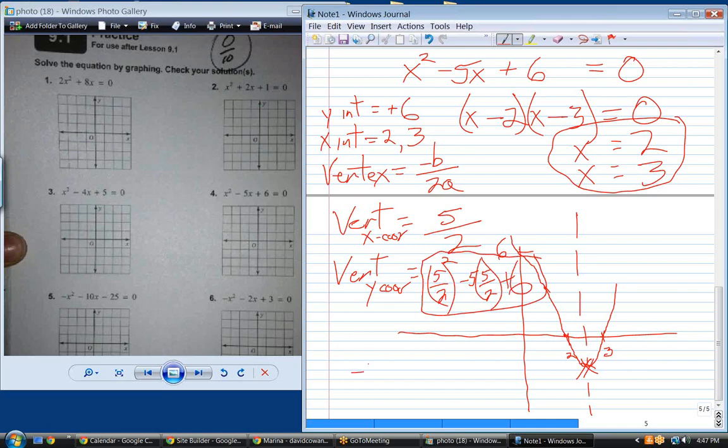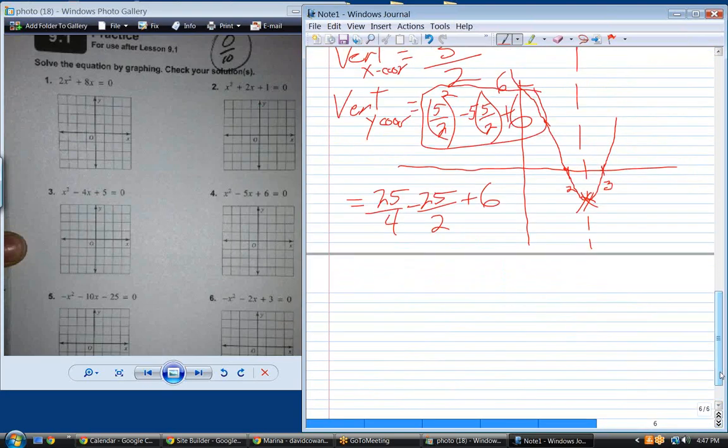Well, let's figure out what it is. That's 25/4 minus 25/2 plus 6. Well, this becomes 25/4 minus 50/4. And how many fourths is 6? That's 24/4.